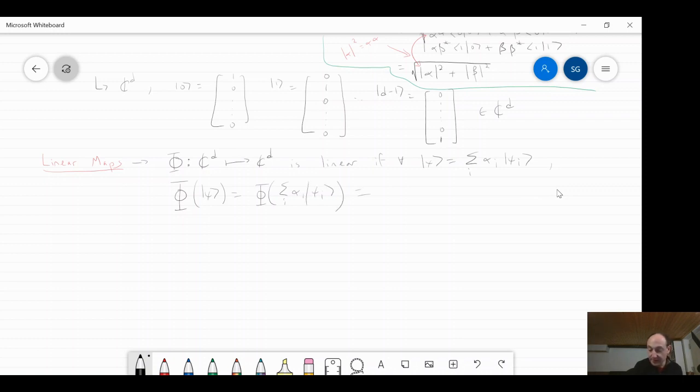The key point of being linear is this equality, which I'll highlight in red.